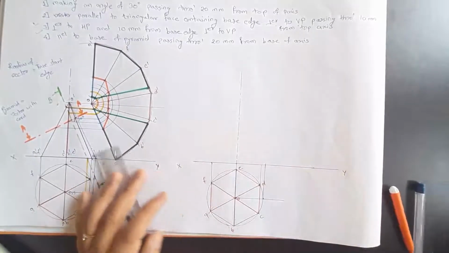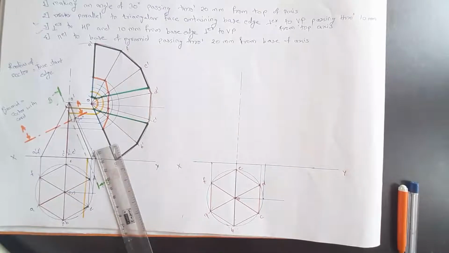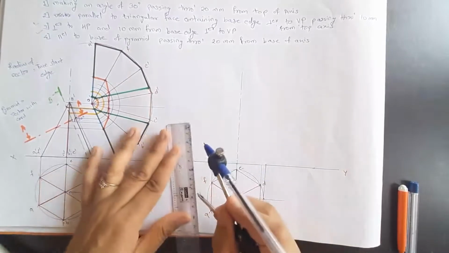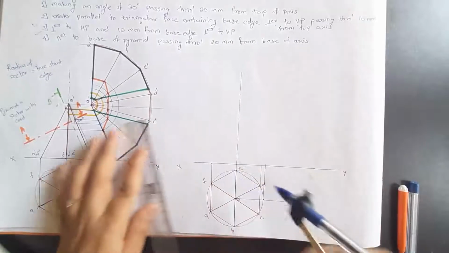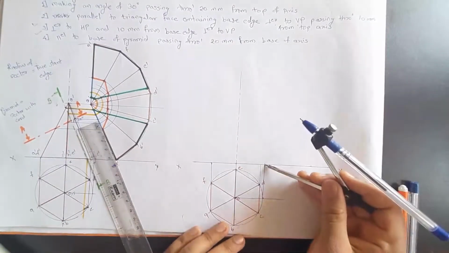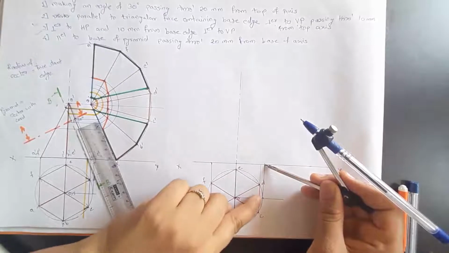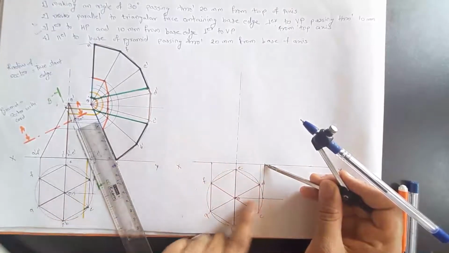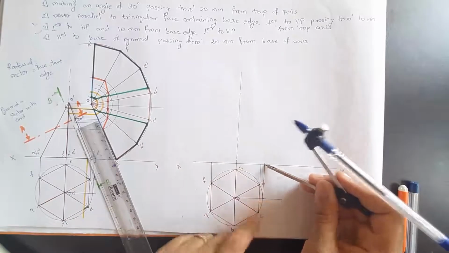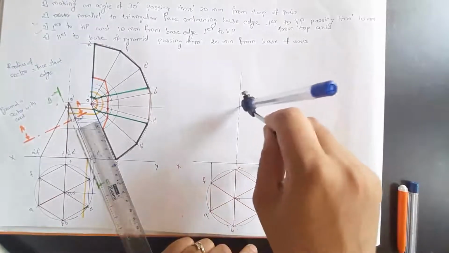From that point, slant height, that is 70 mm in this question, we are supposed to mark it on the axis. So measure 70 mm distance in your compass and mark it from here. You can see from where I have taken the projection with the rotated or horizontal slant height. Mark that 70 mm.